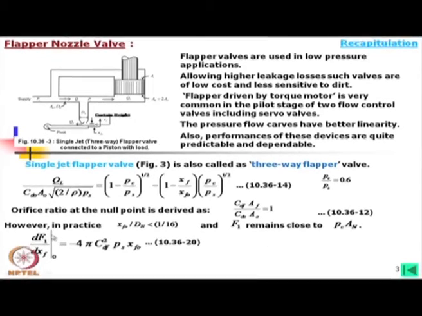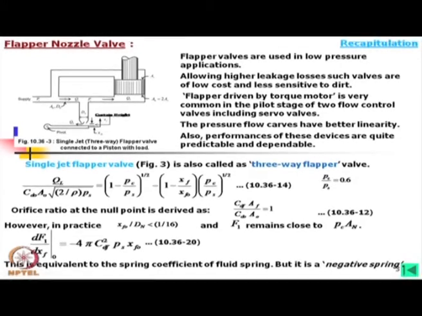Now, what we find also is that if we differentiate this force with the flapper nozzle movement, then this becomes 4 pi into Cdf square Ps into xf0, and this is equivalent to the spring coefficient of a fluid spring. If we compare this value, we find as if this is a fluid spring, but it is negative, it is a negative spring.